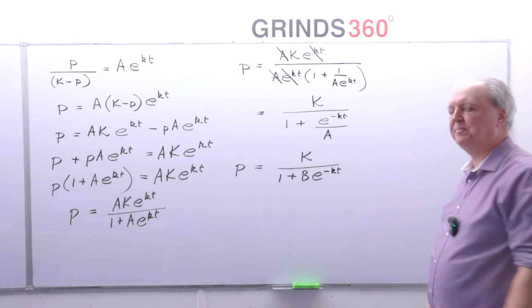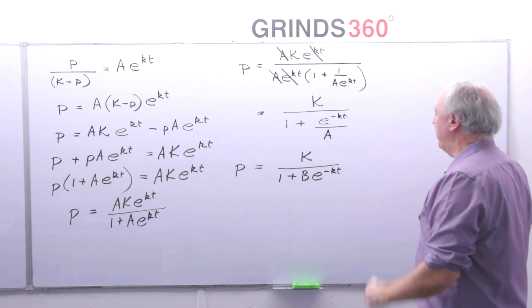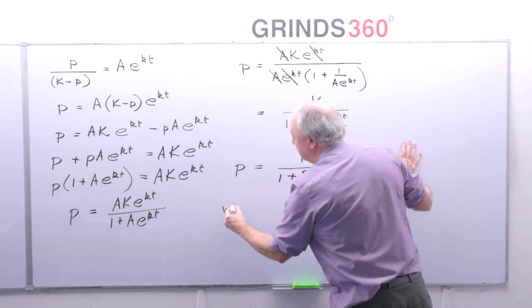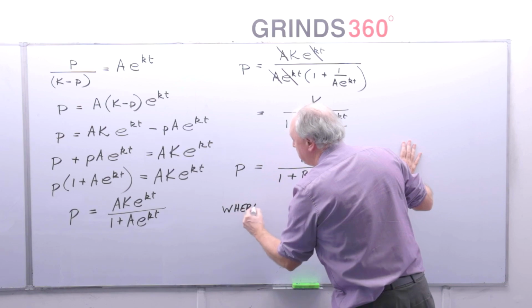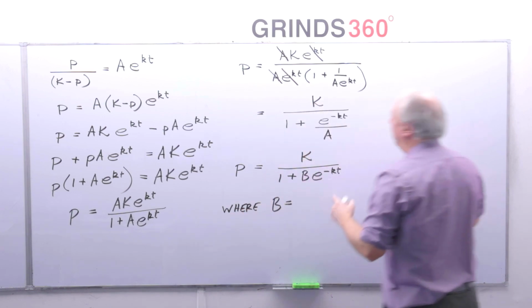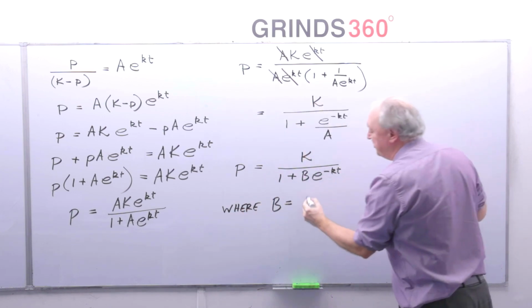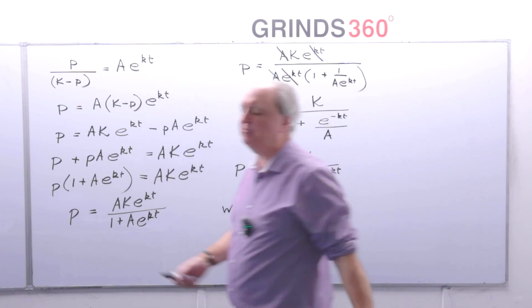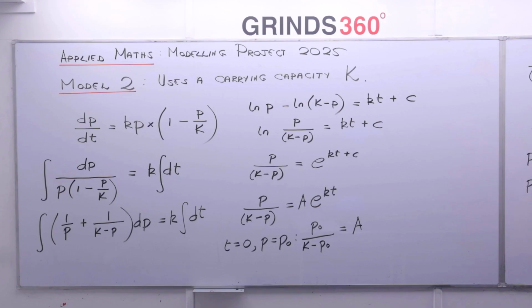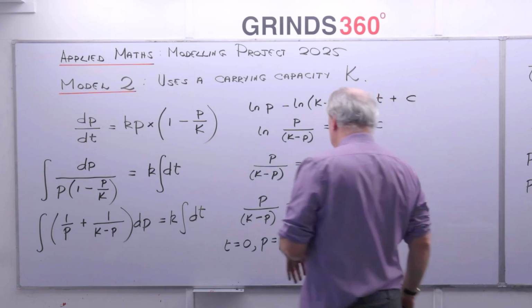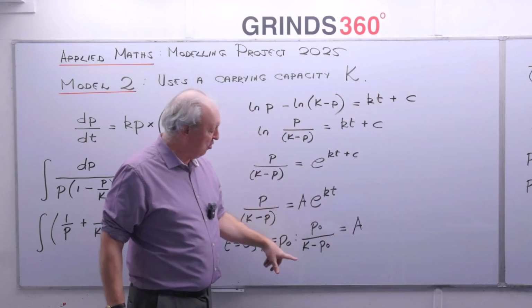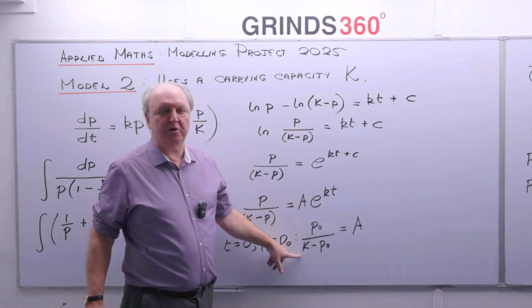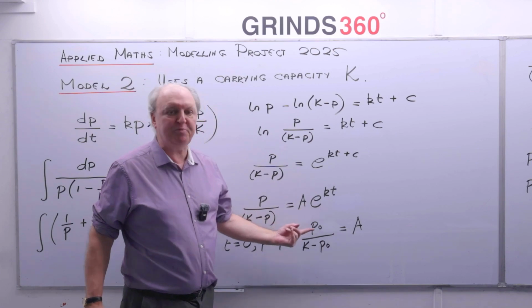There's my solution. And what is B? Well, it's 1 over A, isn't it? And what's A? Well, let's go back to the previous board where I did have the A. So A is P0 over K minus P0. So 1 over A is that turned upside down.